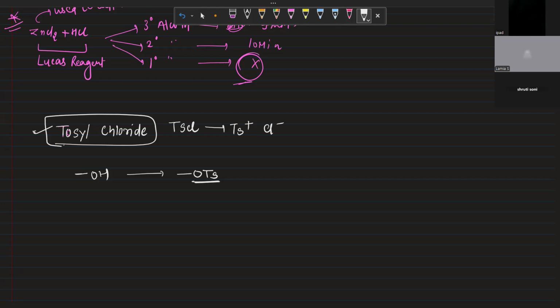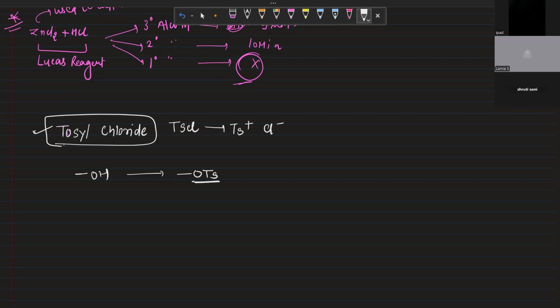Sorry, for H, what is it going to form? OTs, the Ts will attach with O.